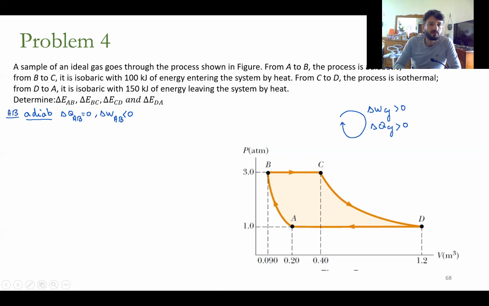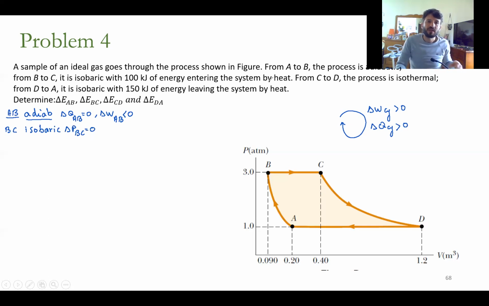Okay, B to C is isobaric, so P is constant, or delta P BC equals 0, and with 100 kilojoules of energy entering the system by heat.